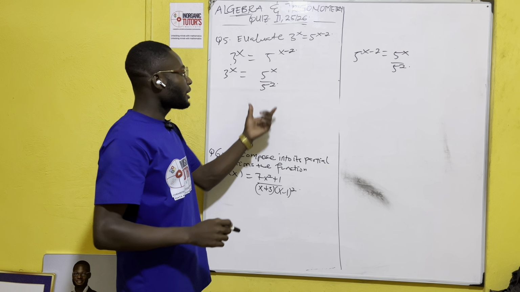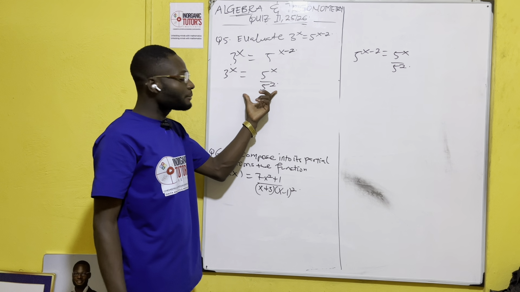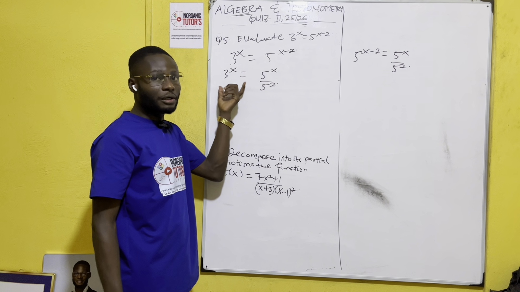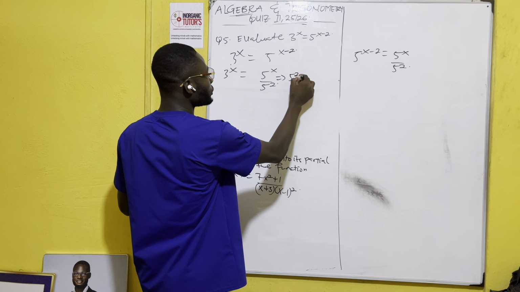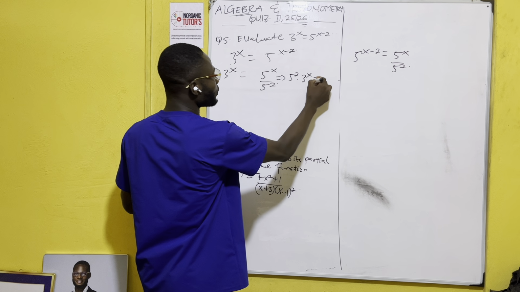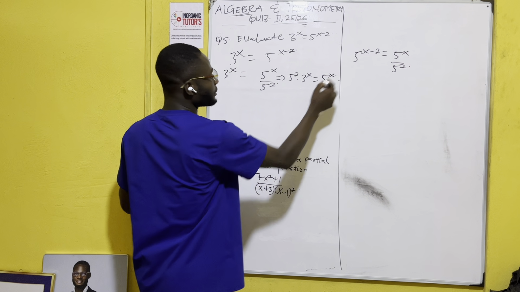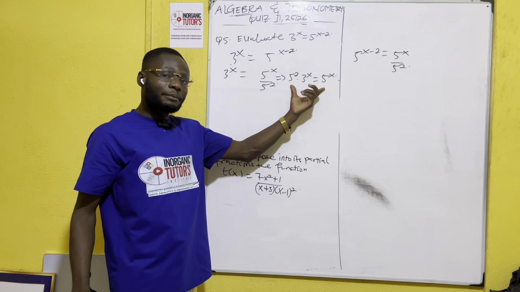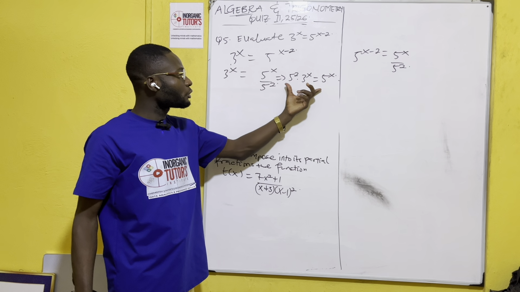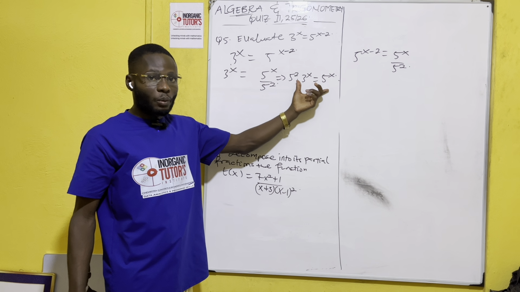Now we can multiply both sides by 5 to the power 2. So we have 5 to the power 2 times 3 to the power x equals 5 to the power x. We need the terms with x on one side and the constant on the other side as well.